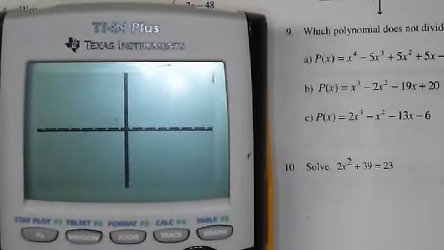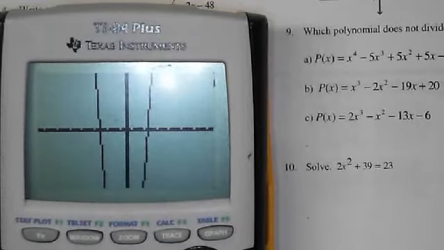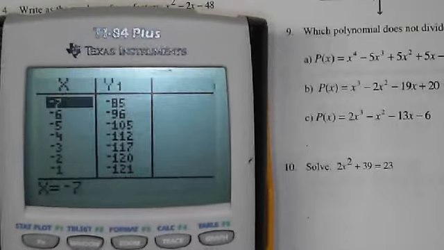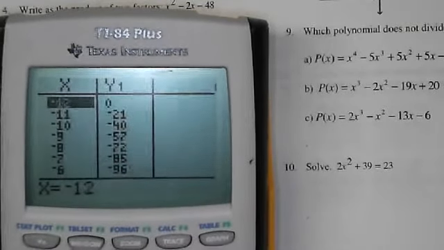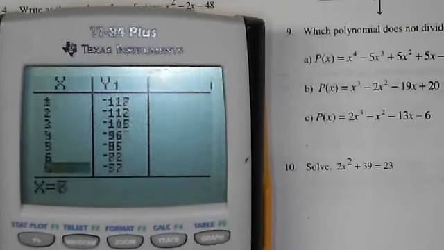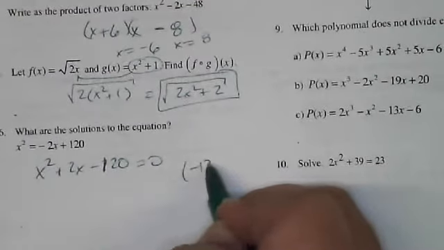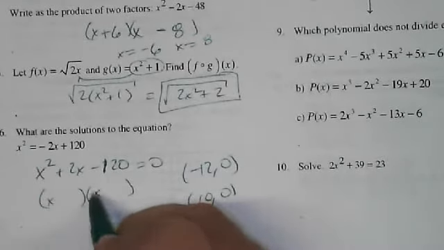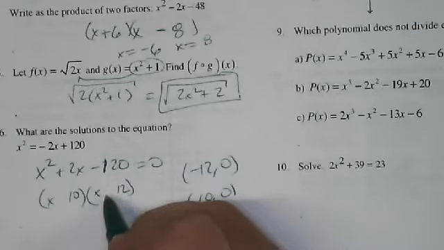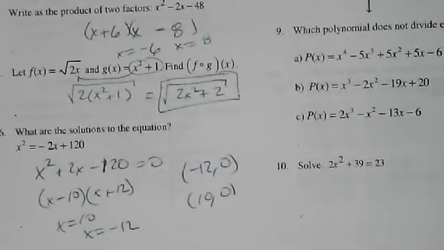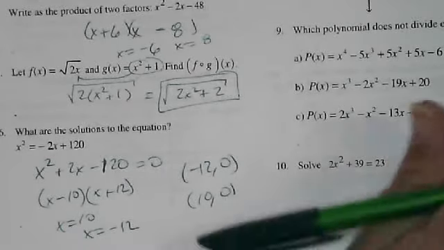Zoom out and see the hits twice. You can also go to the table and see your zeros. There's one there, negative 12, 0. And 10, 0. And you could also do the factoring. 10, 12, plus, minus, your choice.